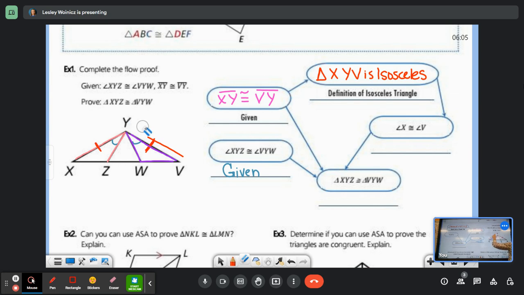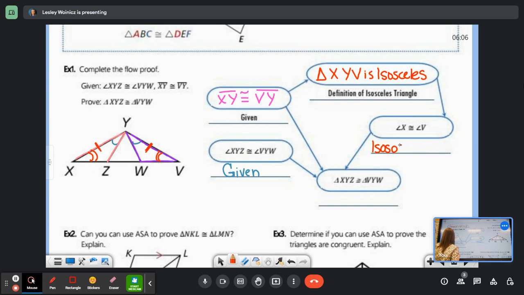Okay, I messed up my picture. It's fine. Their opposite angles are congruent in an isosceles triangle. Okay, so I can say that angle YXZ, or just angle X, is congruent to angle V. Let me mark those with 2 so I don't get them confused with my other congruent angles. And I know that because of the isosceles triangle theorem.